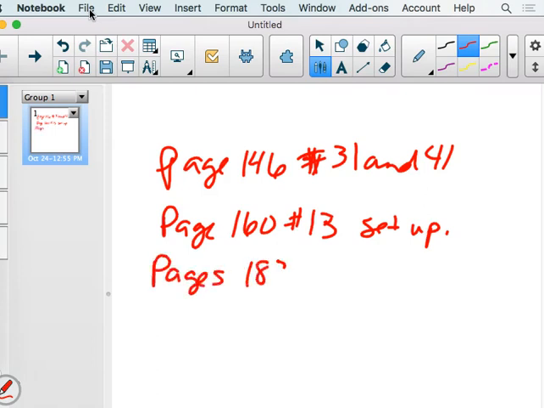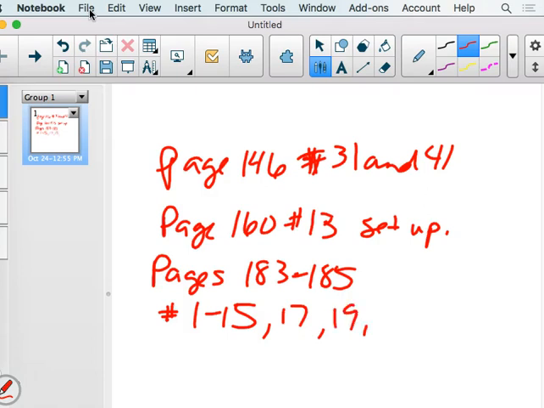Pages 183 to 185. We're going to do 1 through 15, 17, 19, 20, and 22, but I'm going to take a big chunk of work off there. For 19 and 22, just write the constraints and the objective function. Again, just set it up like we did on page 160, number 13.